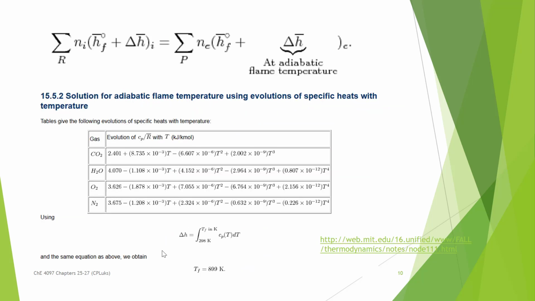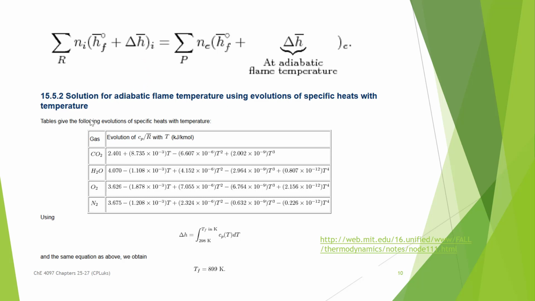This is a sample problem that I found that was nice as a reminder of these equations. You're looking at the entrance and the exit enthalpy with the heats of formation, right? That's going to get your heat of combustion.